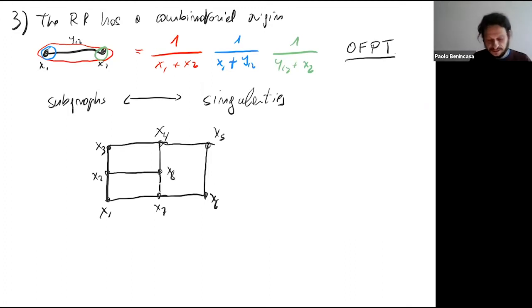And I will indicate the energies of the internal states as y_ij, where i and j are related to the indices of the vertices at the endpoints of the edge. For example, this edge will be y34, sorry.